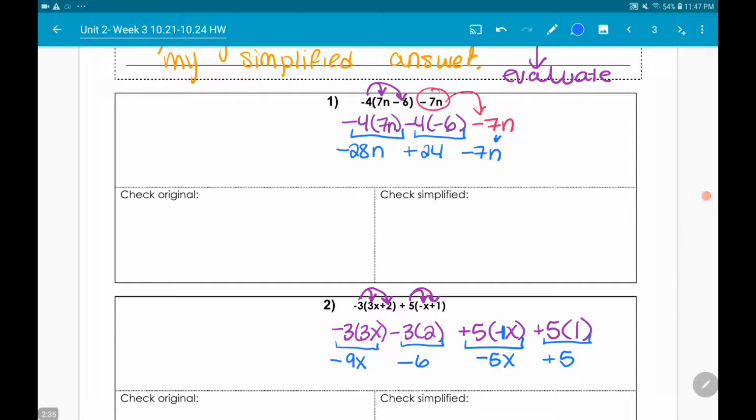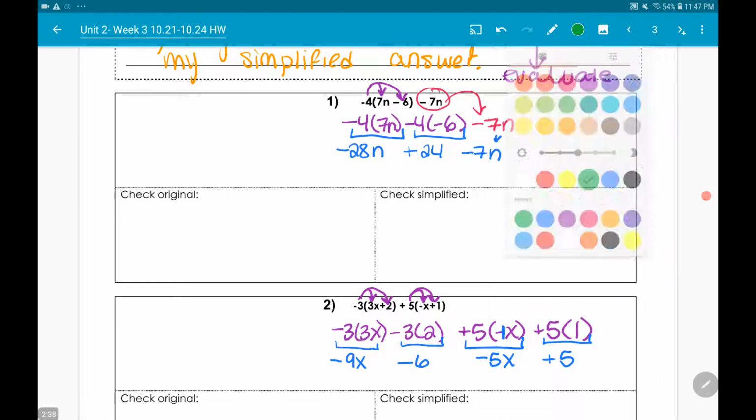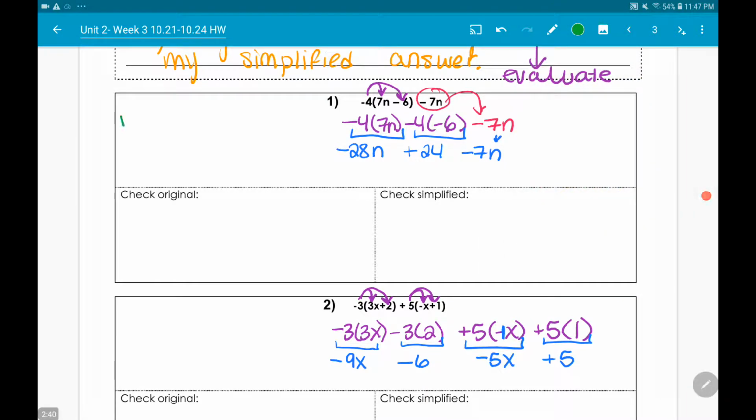Good. All right, so now I need to ask myself, are there like terms? Okay, so I see an n group and a number group. So in my n group, I have negative 28n and negative 7n.